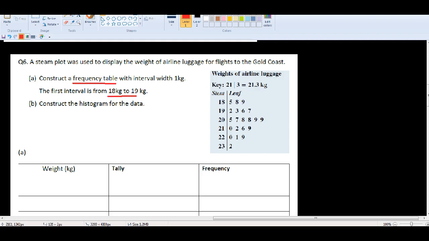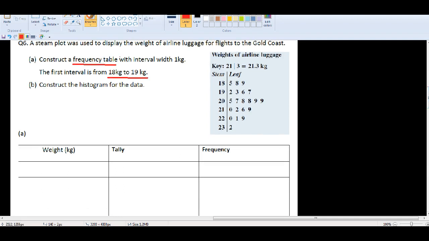The first interval is 18 kilogram to 19 kilogram. Remember, when we are talking about the first interval 18 kilogram to 19 kilogram, 19 is not included. So what you need to write is weight 18 to less than 19.